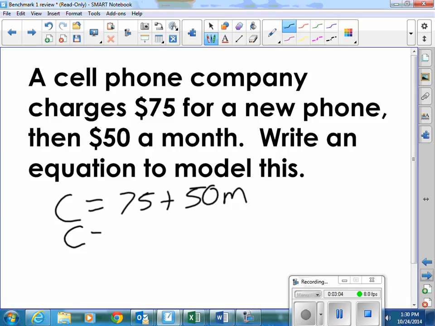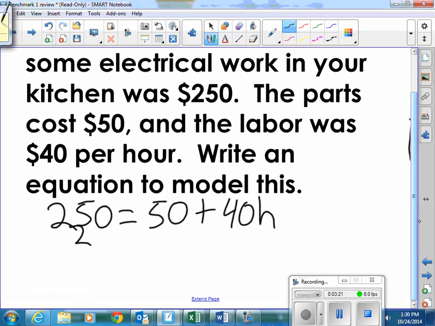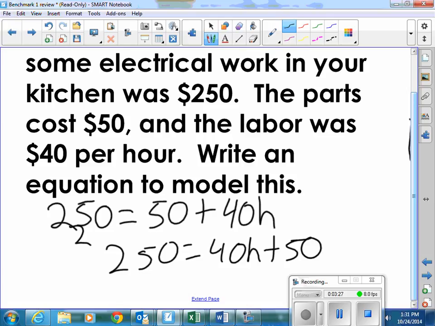It would be equivalent to say $50 times the number of months plus 75. You could have written it in a different order. Order is not important in this case.